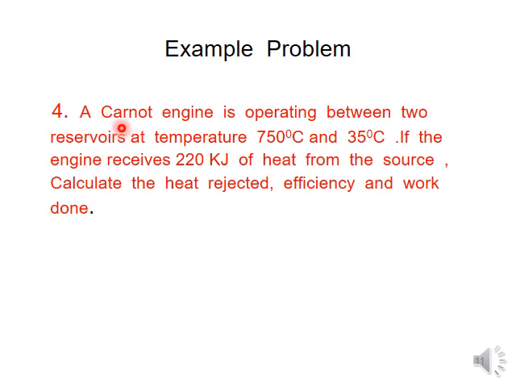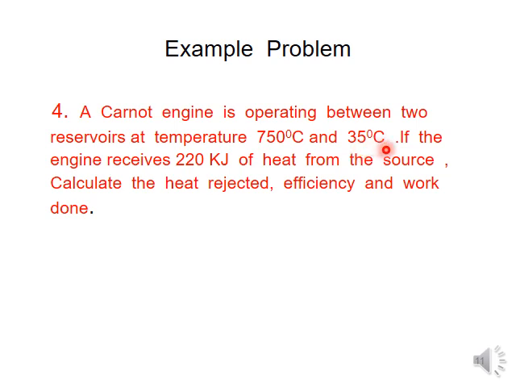In the problem it is clearly mentioned that it is a Carnot cycle operating between two reservoirs at temperatures 750 and 35. Out of these, 750 is the greater number, so it is the maximum temperature, represented as T1, and the minimum temperature as T2. So efficiency is equal to 1 minus T2 by T1.